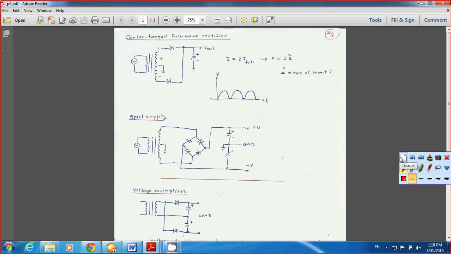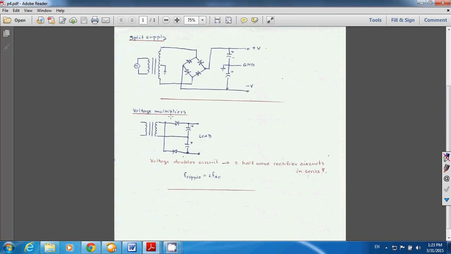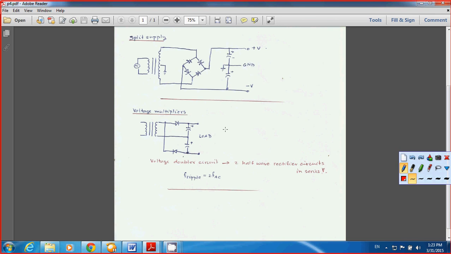Another diode circuit is the voltage multiplier. The voltage multiplier means you want to increase your output voltage. And sometimes we call it a voltage doubler circuit. You double your output voltage, but the ripple frequency becomes double as well.